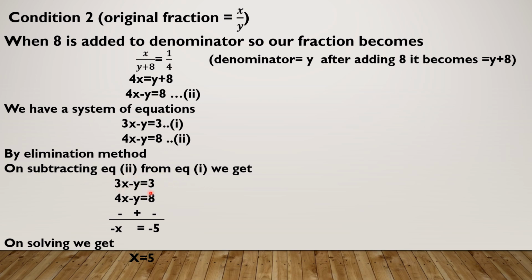So we arrange these equations in horizontal form: 3x minus y equals 3 and 4x minus y equals 8. The signs will change during subtraction: 8, which is positive, becomes negative; y, which is negative, becomes positive; and 4x, which is positive, becomes negative. So on solving, we get minus x equals minus 5, and finally x equals 5.